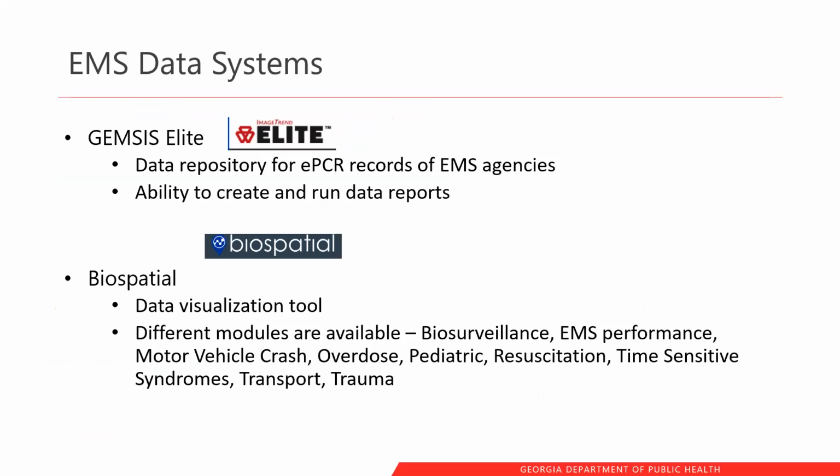It paints a better picture with the data and gets you out of the numbers. It's a really great tool to illustrate what we're looking at. There's lots of different modules available too. You can look at biosurveillance. We see overdose data, pediatric data, transport data. And so it's really a great tool that's available.